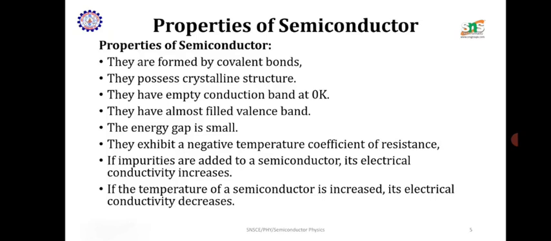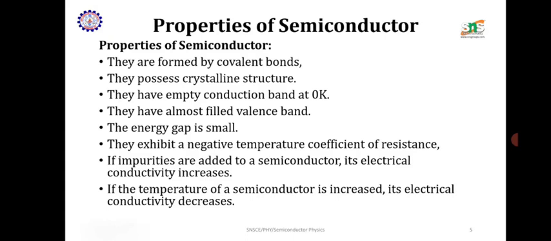Next is the properties of semiconductors. They are formed by covalent bonds and possess a crystalline structure, which means a periodic arrangement of atoms. They have an empty conduction band.